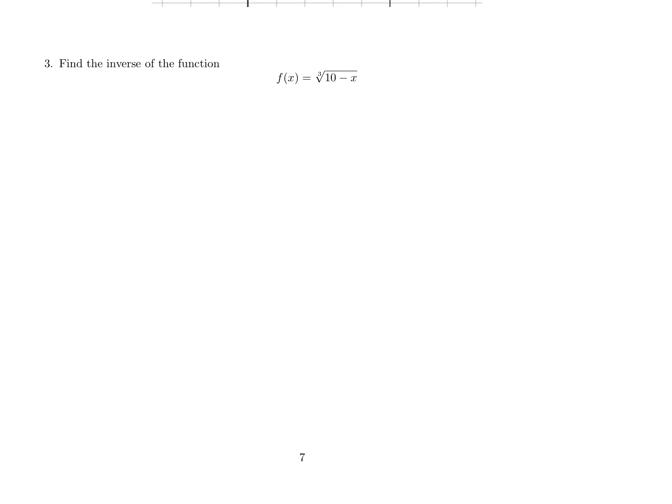Number 3, find the inverse of the function. So for this one, f of x is the same as y. To find an inverse, you first interchange x and y, then you solve for the new y.